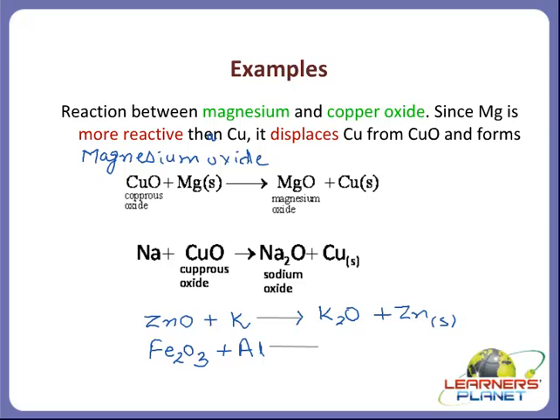And which is lying below? Iron. So what will be more reactive? Aluminium. Now what will I get as the product? Al2O3 plus 2Fe. So those metals which occupy a higher position in the reactivity series are reactive, whereas the lower ones are less reactive.